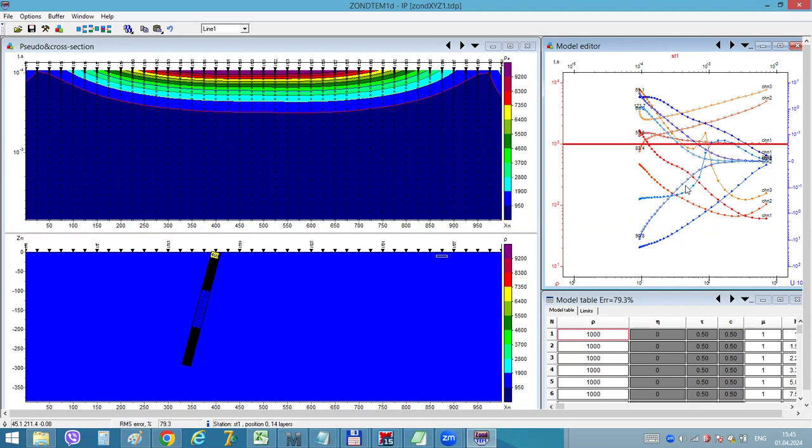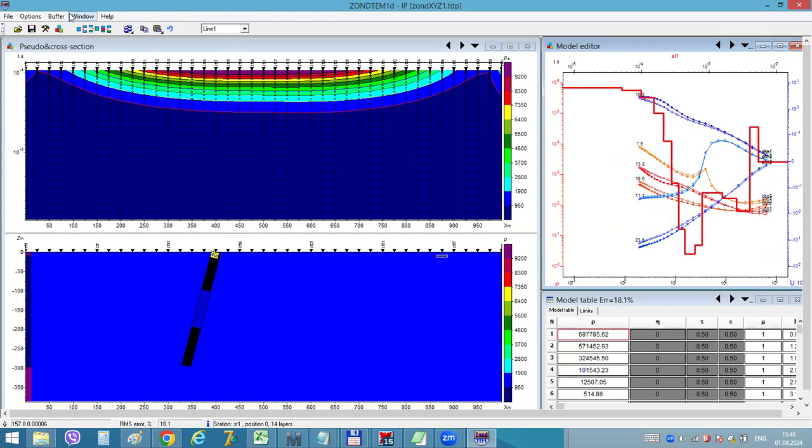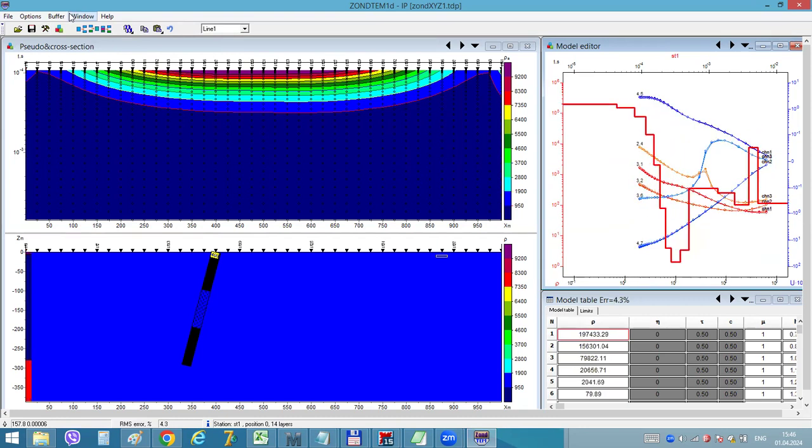Of course, it's not a global minimum of the solution, it's some local minimum. Nobody is saying anything about a global minimum. It's just about overcoming the problems of the first big steps in gradient inversion. So I'll try to do the inversion. Well, it fits pretty good.